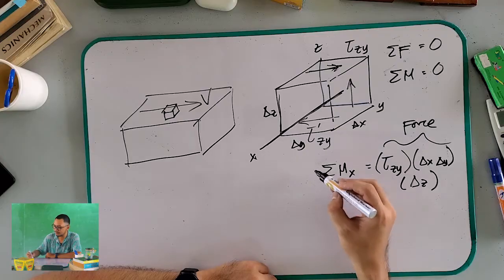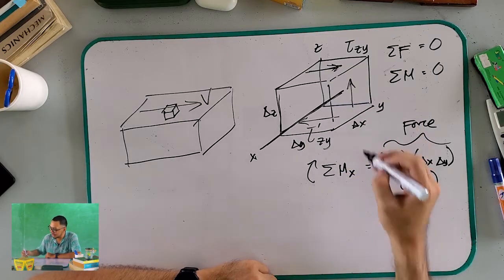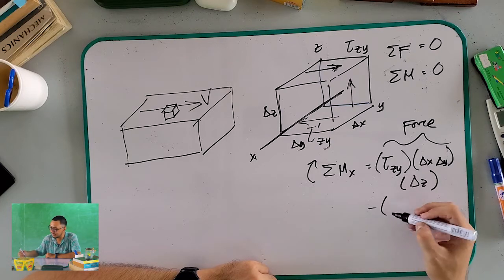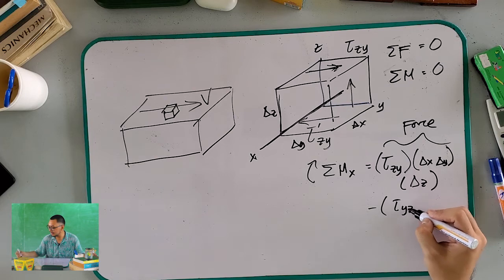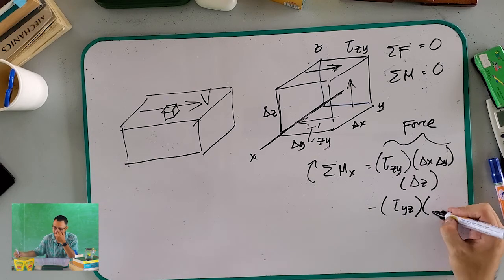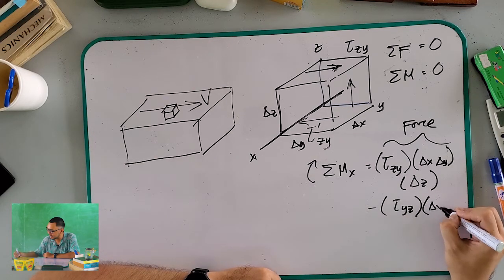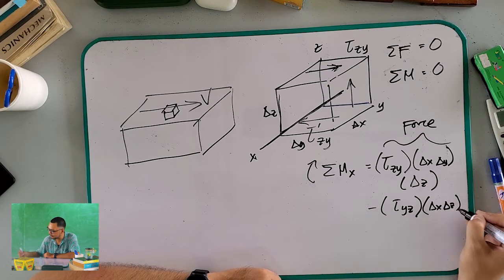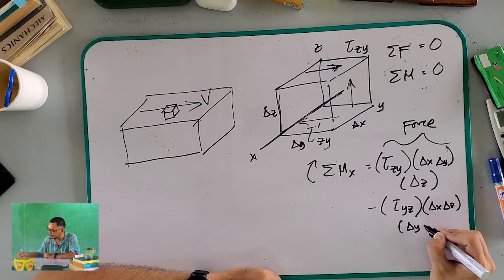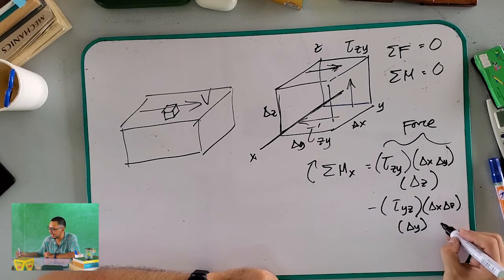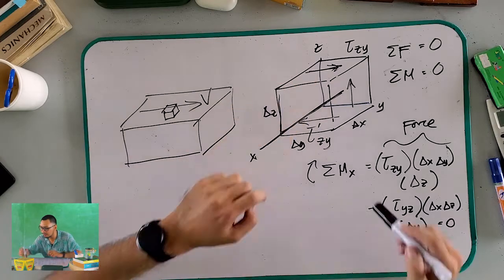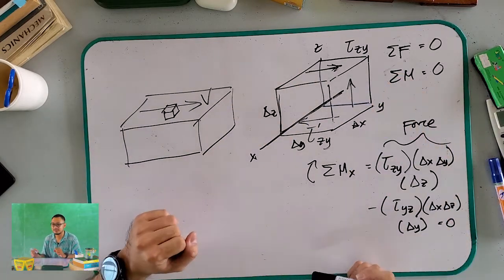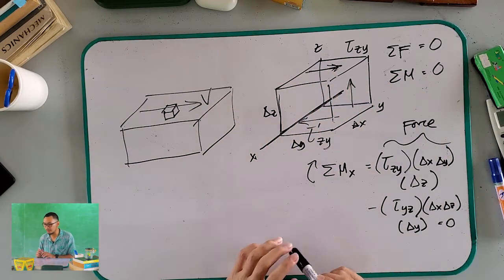Kay kung padong ni siya sa babaw, ang mahitabo, positive pa nga na, ang mahitabo, i-minus na siya, and then, tau yz times ang area of delta x, delta z, and then ang moment arm of delta y. And in this case, mo zero na jud ni siya. Kay equal man ni silang magnitude o parihara man ni silang mga lengths. So mo, zero na ang atong moment.